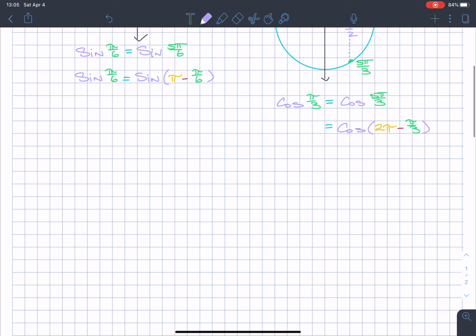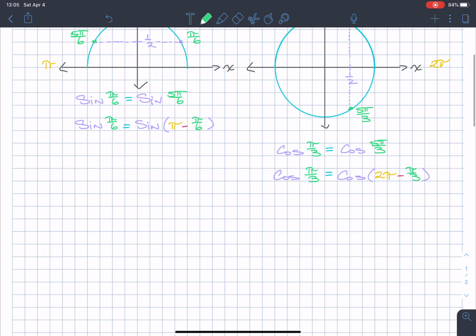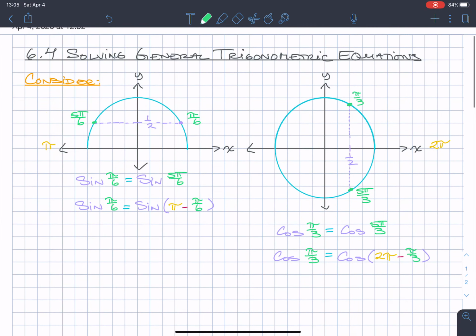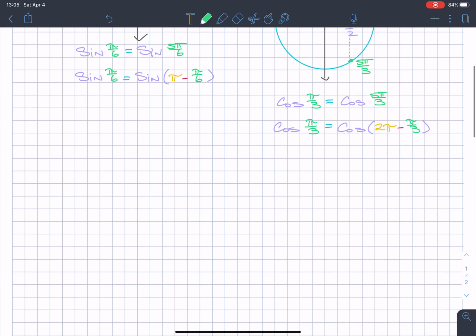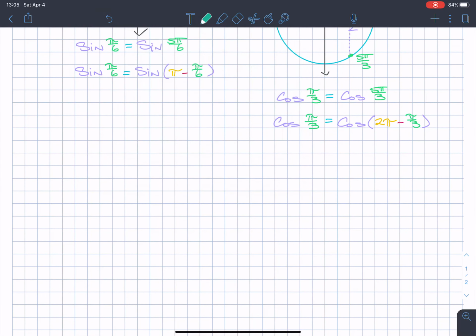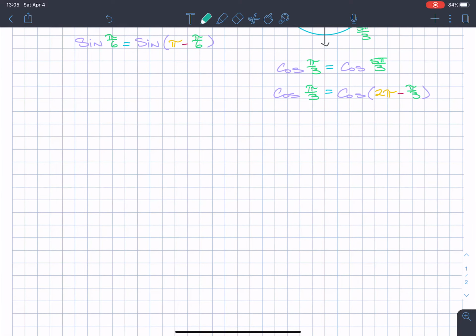So I have that cosine of pi over 3 is the same as cosine of 2 pi minus pi over 3. Okay, so let's note. What can I conclude here for any angle?